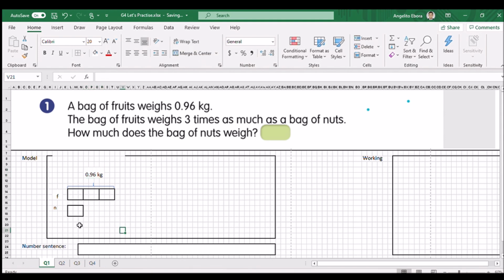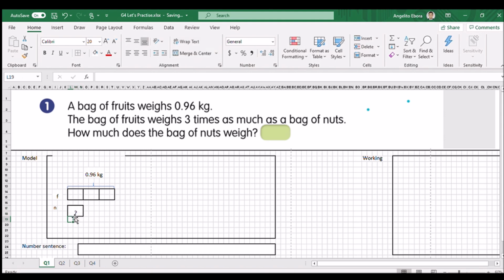Now as you can see, the bag of nuts has only one unit, unlike here, where this one is 3. So how do we get this 1 unit? This one is 1, 2, 3. The total of 3 is 0.96, and we're looking for the bag of nuts. This one we don't know, so that's why it's a question mark.